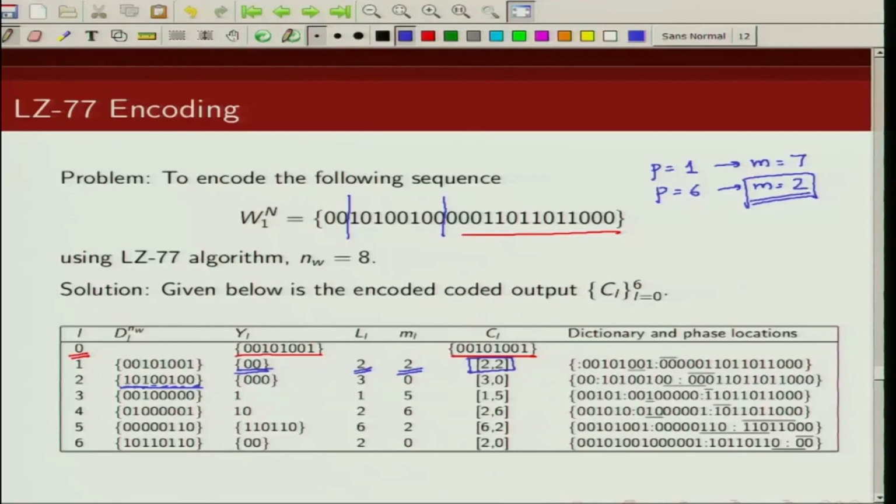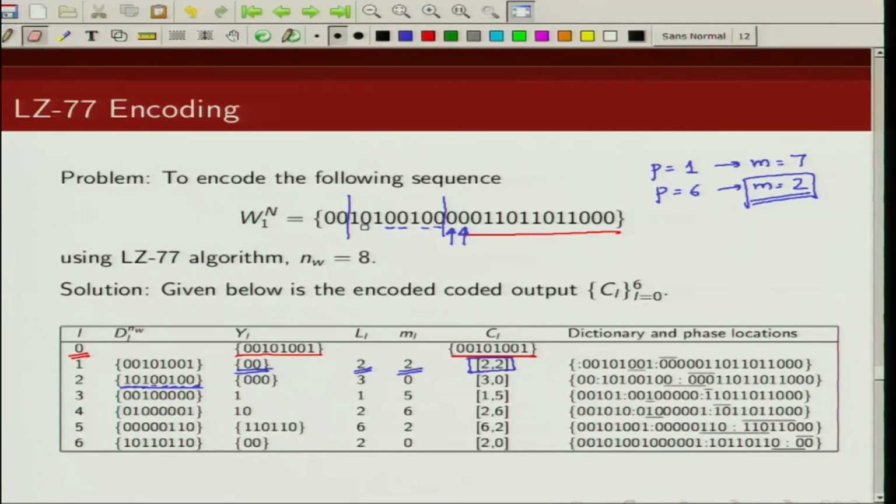Now again follow the same procedure. Start from this location, 0. Is there a match of 0? Yes, there is. Here there is a match, here there is a match, here there is a match, here there is a match, here there is a match. What about 0, 0?